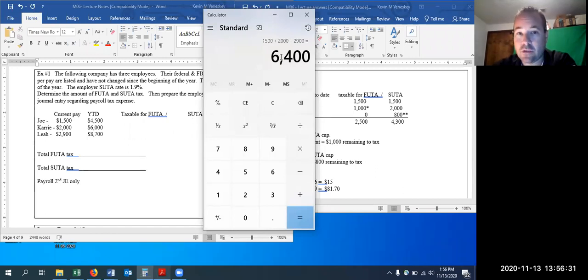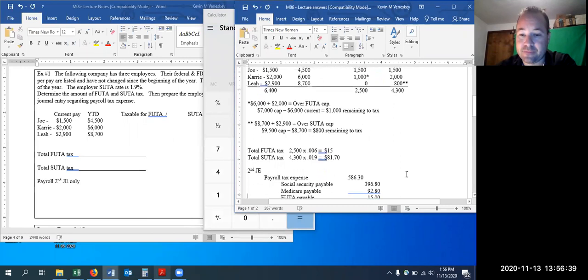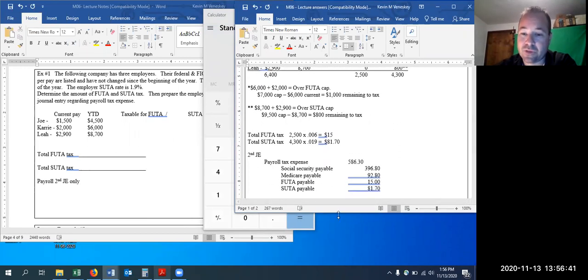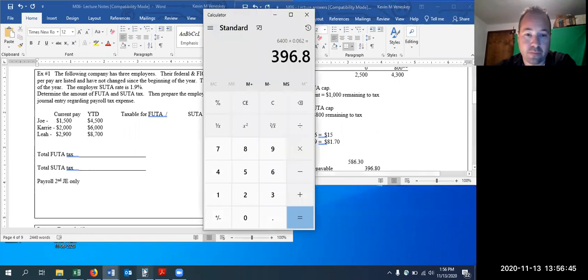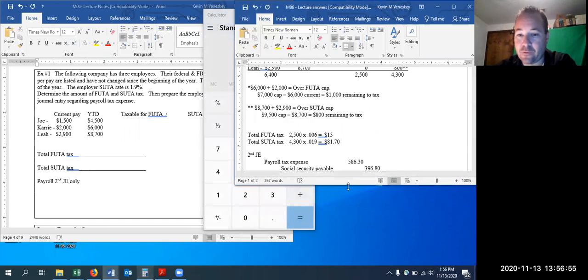6,400 was the total Social Security taxable wages. Just simply multiply that by the 0.062. So 396.80 would be my Social Security payable. And then take the total wages again, which was 6,400. When you add all those up, times 0.0145, 92.80 for Medicare.